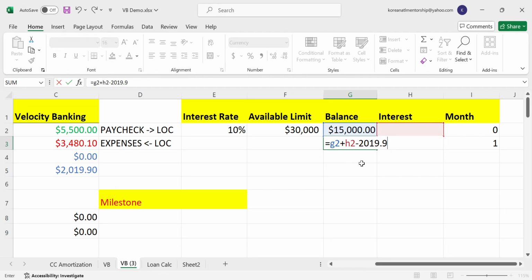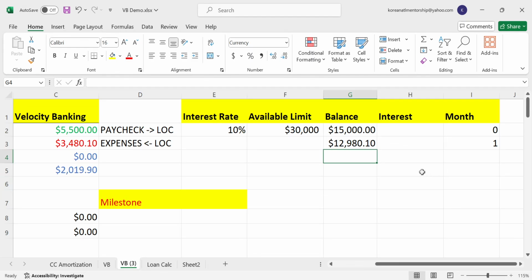So that's why we use a fixed number for our cash flow, because month one cash flow is always going to be 2019.9. If the cash flow does update and we use a variable, it's going to update for all the balance rows and make a mess, right? So let's go ahead and do that.